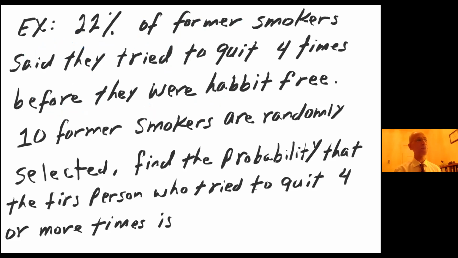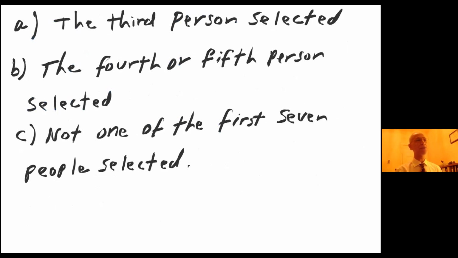So 22% of former smokers said they tried to quit 4 times before they were habit-free. 10 former smokers are randomly selected. Find the probability that the first person who tried to quit 4 or more times is, part A, the third person selected. So what's the probability that you pick one smoker and this smoker didn't have to quit 4 times, then you pick another one.